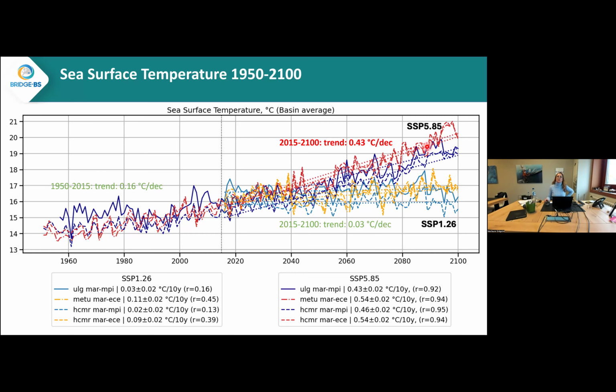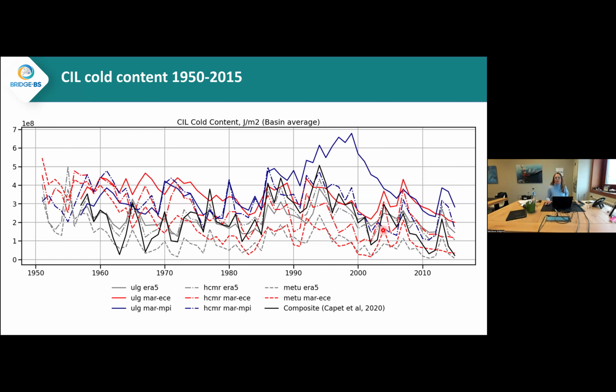And then what's the impact on the Black Sea layer, on the Black Sea physics? You see that the CIL is currently disappearing. We know that already. And for the future, we show that after 2050 we have a lot of years where we do not have CIL anymore, and all the models run in BRIDGE agree on these results.